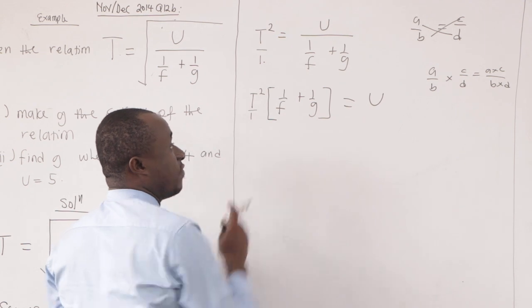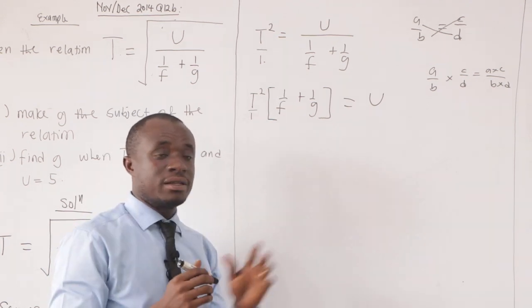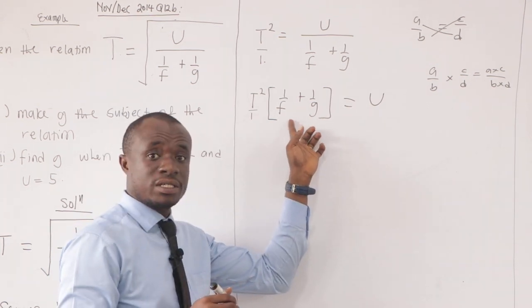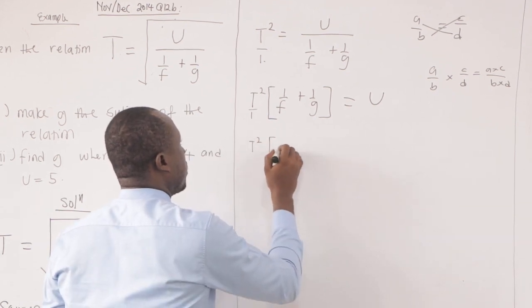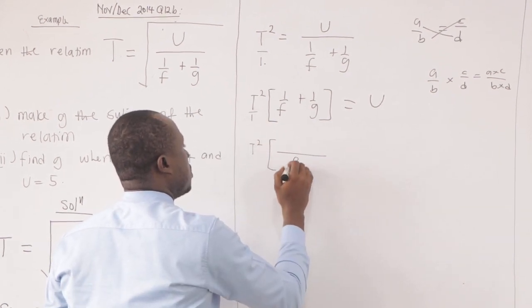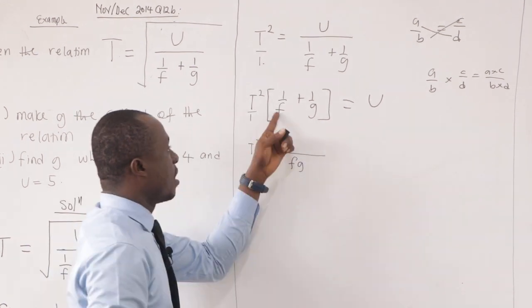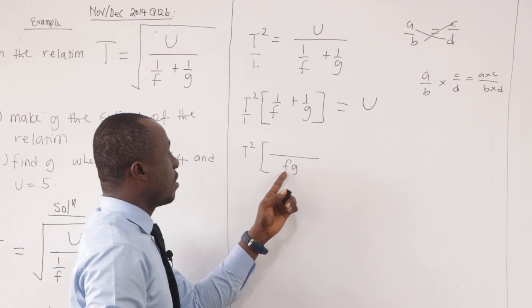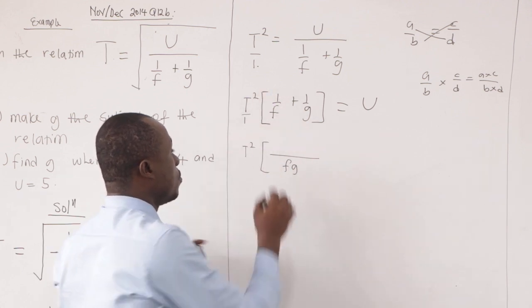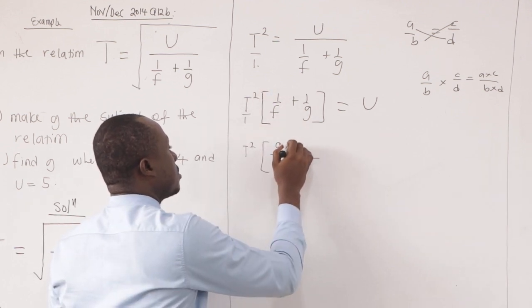But the first thing for us to do is to find the LCM, because of BODMAS, bracket first. So we have t squared. Let's find the LCM. In this case, that is fj. f will go into fj, f cancels f, and then we have j. j times the numerator gives us j.